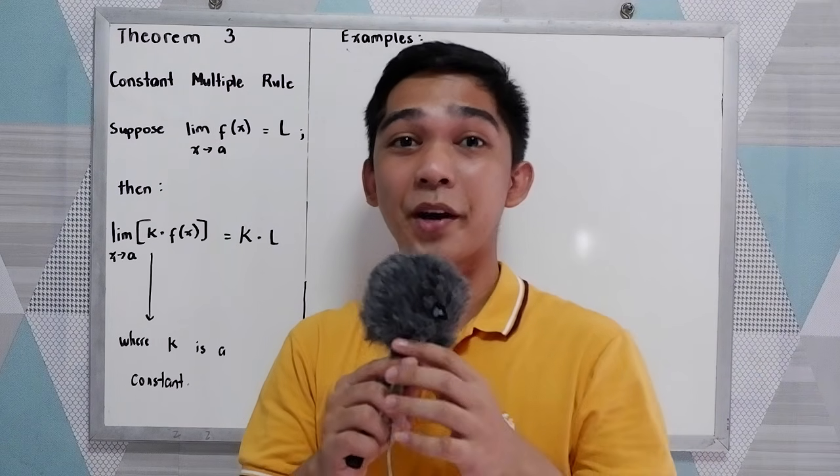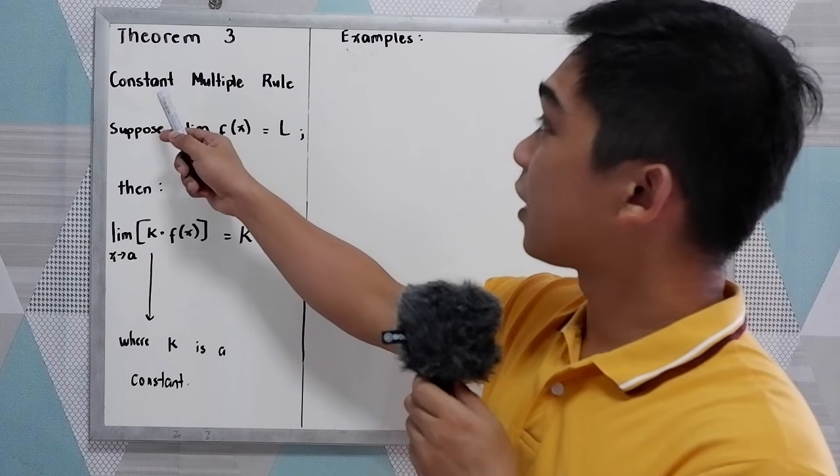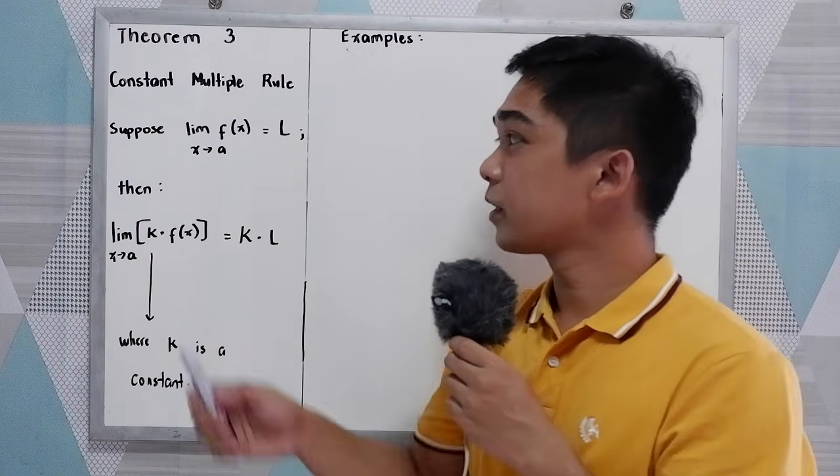Now let's have our theorem number 3. The constant multiple rule.